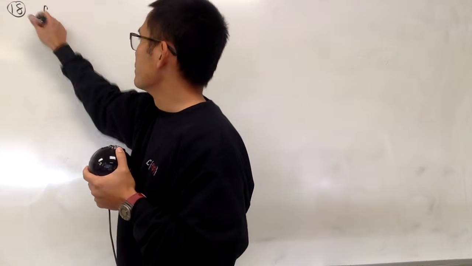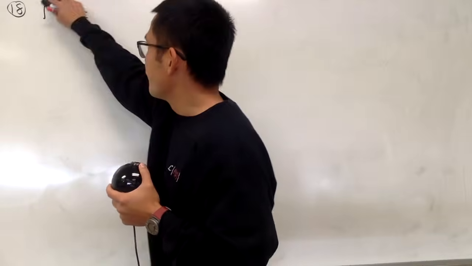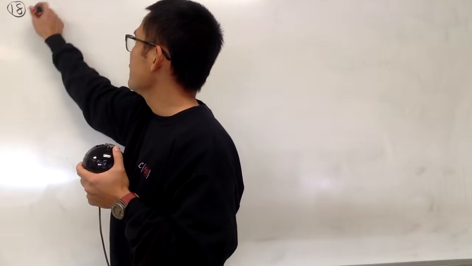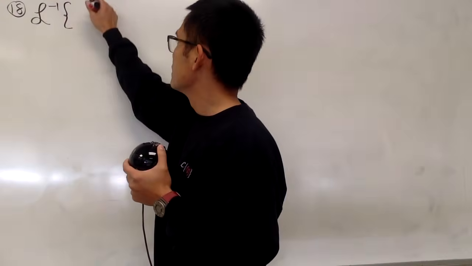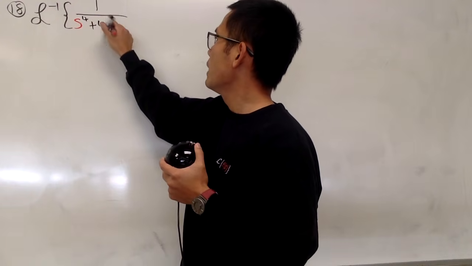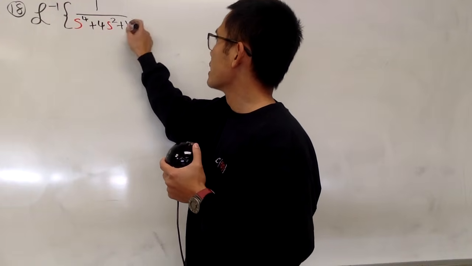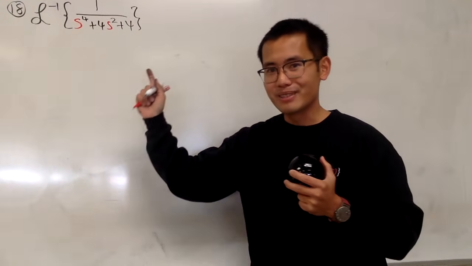So here we have, not the integral yet, not yet, the inverse Laplace of 1 over s to the 4th plus 4s squared plus 4, like this. You can factor the bottom, and I'll show you.